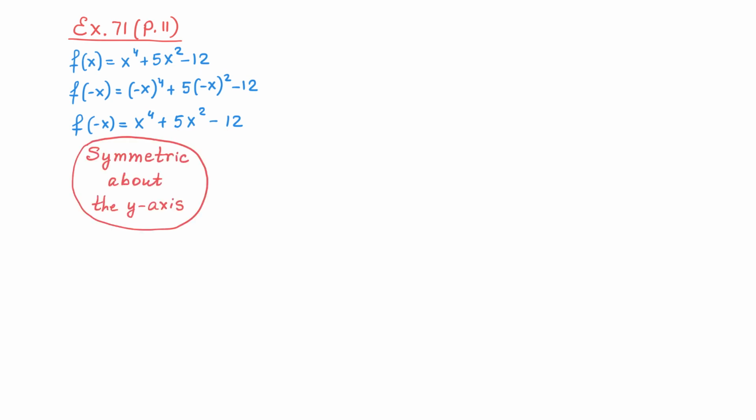Now we will do exercise 74. Here f of x equals 2 times absolute value of x. Let's replace x with negative x. This will give us 2 absolute value of negative x. We know that absolute value makes a number positive, and having absolute value of x or having absolute value of negative x is still the same.